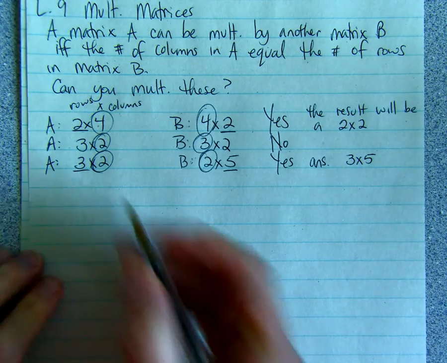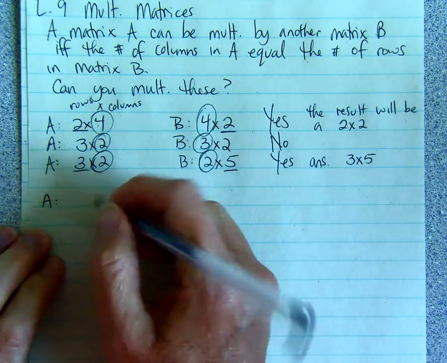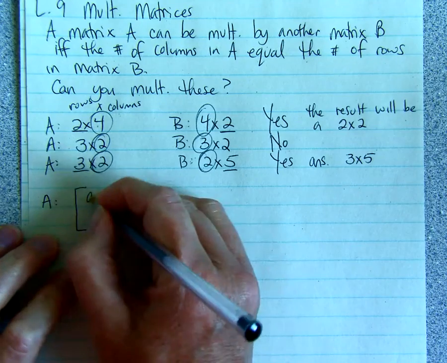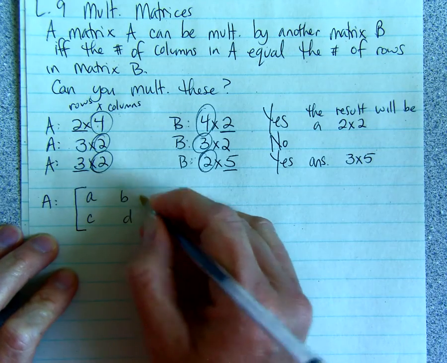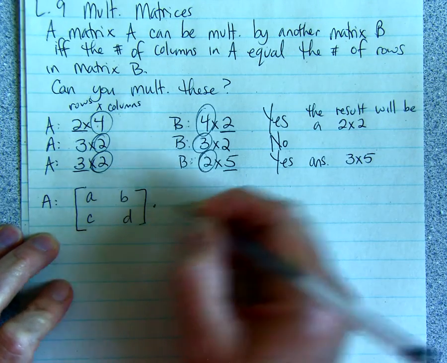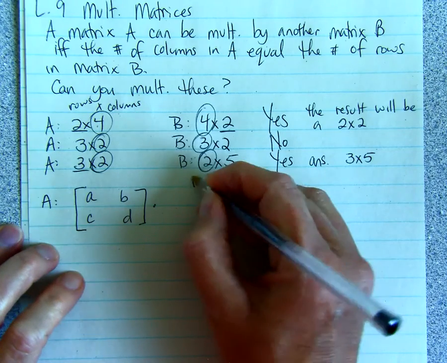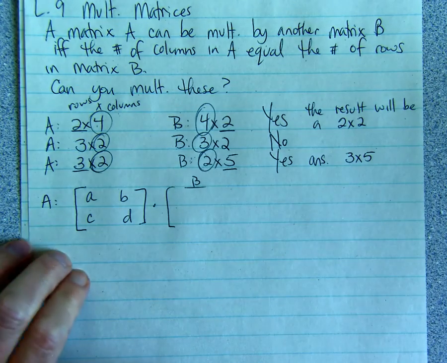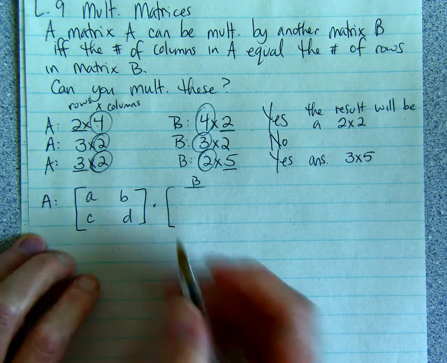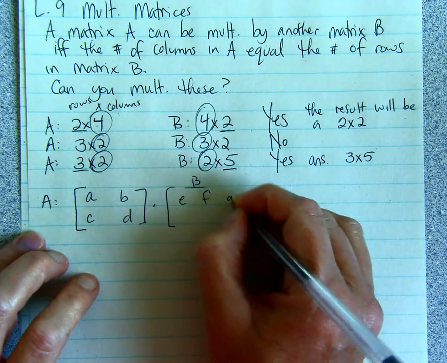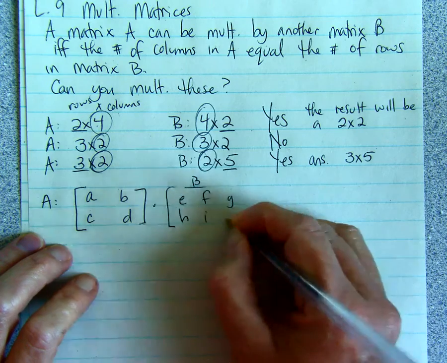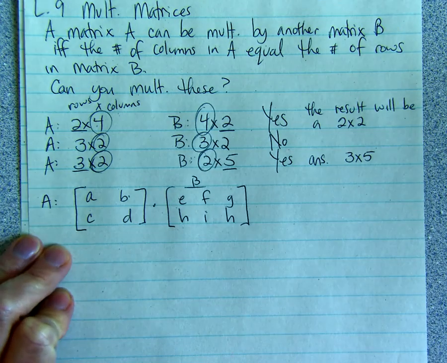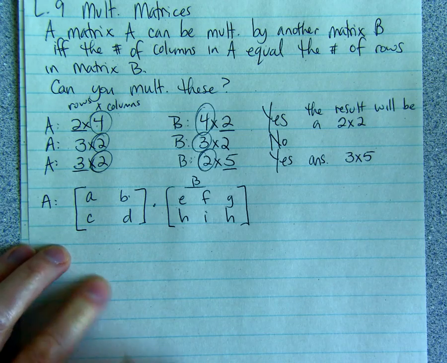So let's say we were multiplying A, we're going to do a 2 by 2, and we're going to use letters, and I will show you an example with numbers, so don't freak out yet. And we're going to multiply it by matrix B, and we're going to make this a 2 by 3. That way the rows will match the number of columns in A. So we have 2 columns in A, 2 rows in B. We will be able to multiply these.